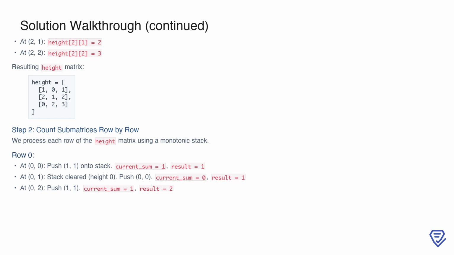Starting with row 0, at 0, 0, we push the height value 1 onto the stack, which contributes 1 submatrix. At 0, 1, since the height is 0, the stack is cleared, and we push the new value, but it doesn't add to the submatrix count. At 0, 2, pushing height 1 again contributes another submatrix, bringing the total to 2 for this row.